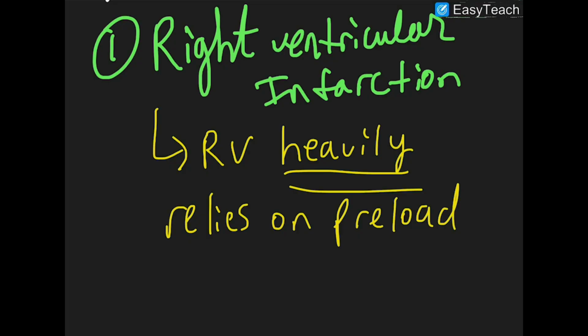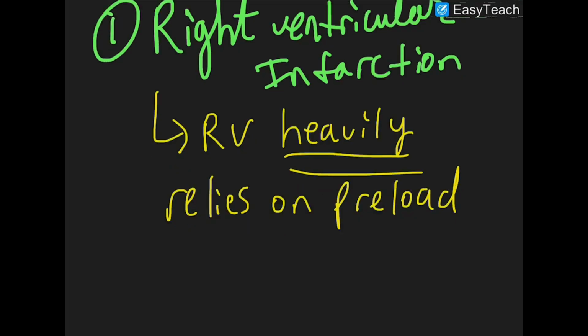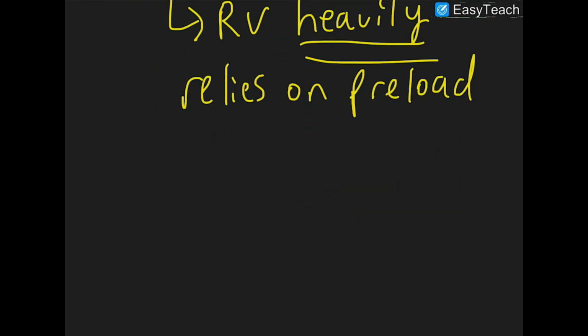So if you have right ventricular infarction, right? Let's say you had a severe blockage in your right coronary artery, or something like that, that basically killed off a good chunk of the myocardium of your right ventricle.